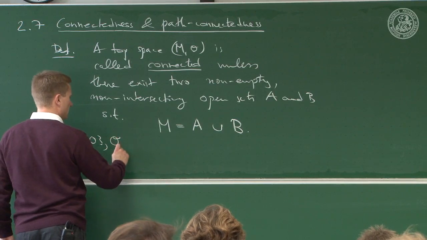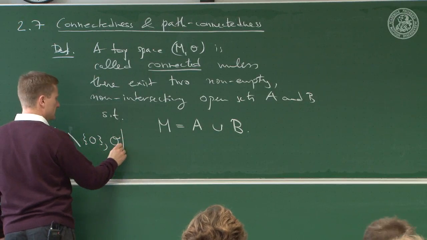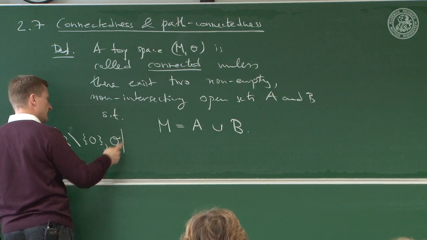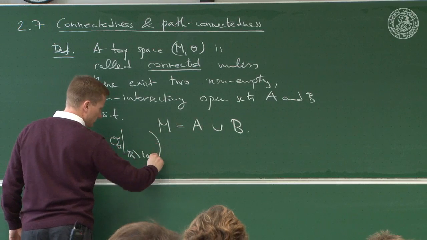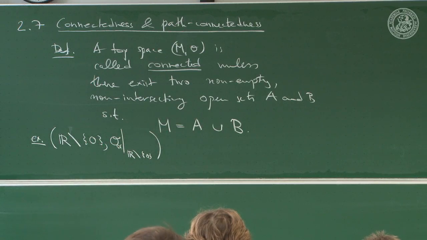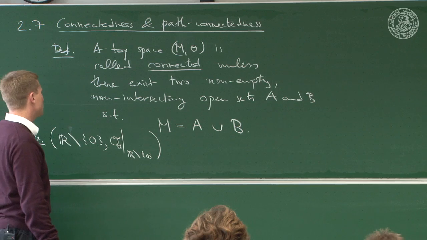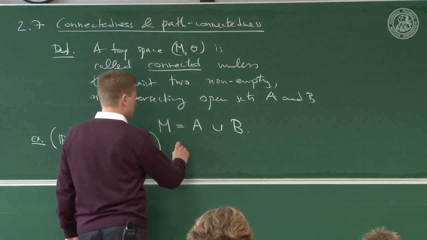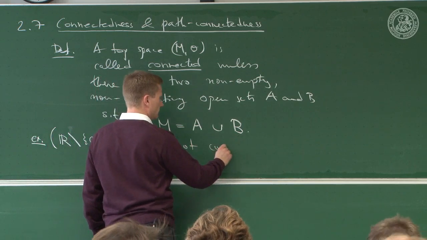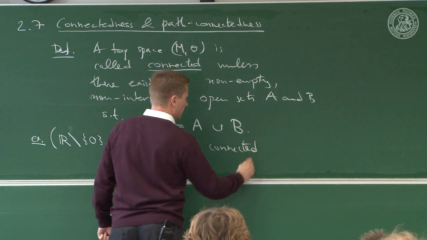So, example: if you take the real line and you take out the empty set, and you equip this with the topology that's induced by the standard topology on that subset, you look at this set, and this set is not connected. Not connected.